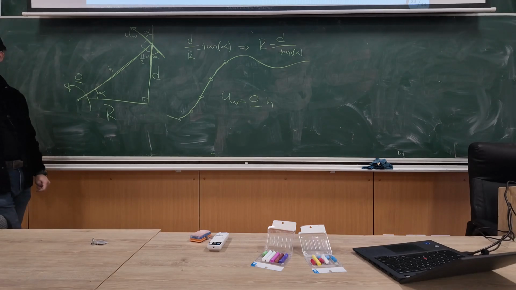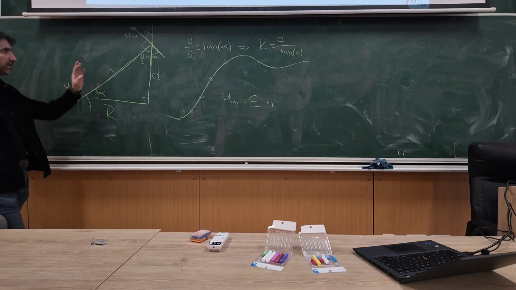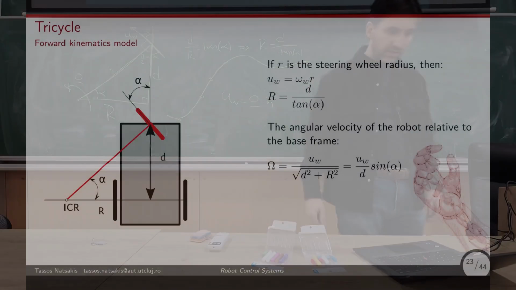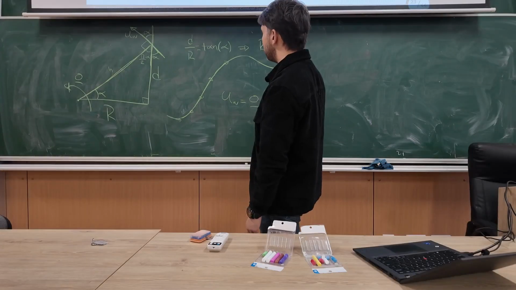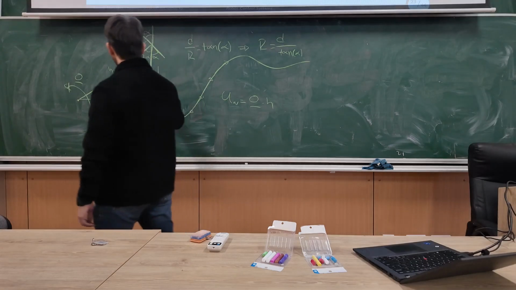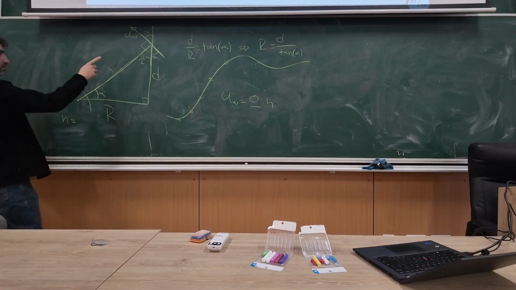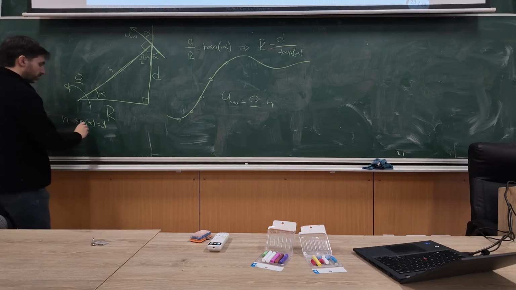Or from alpha, I can choose different ways. Let's see how I wrote it here. Yeah, I took it as D sinus alpha, or sinus alpha over D. So I know the hypotenuse times sinus of alpha is D, correct?